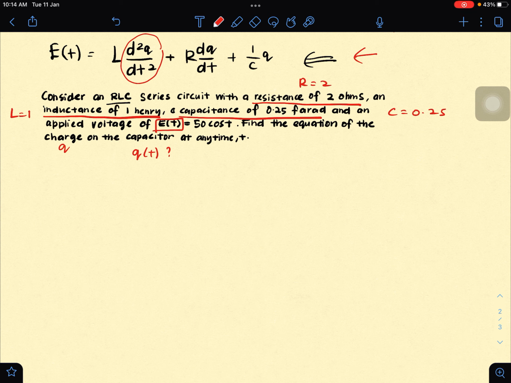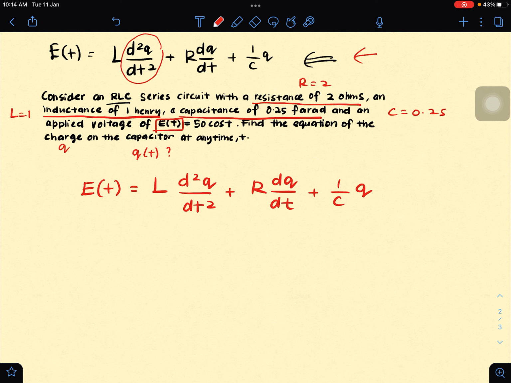We know that the amount of voltage supply is equal to L d square q dt square plus R dq dt. This is the one derived before. I have shown you how we get this equation from the electric circuit system. Plus 1 over C Q. Okay class, now you already have the values of L, R, C and also E(t), so you just need to substitute.